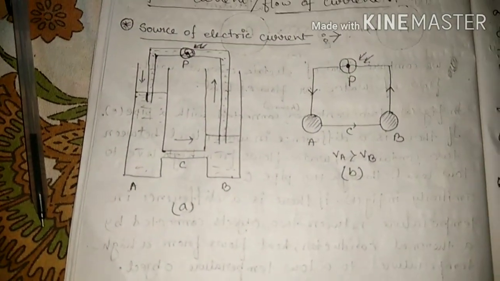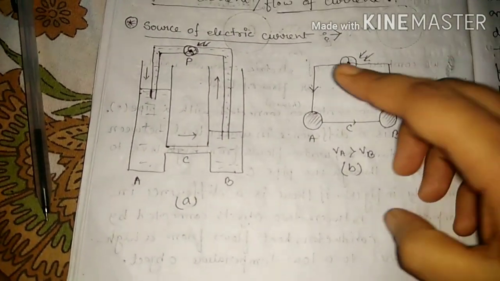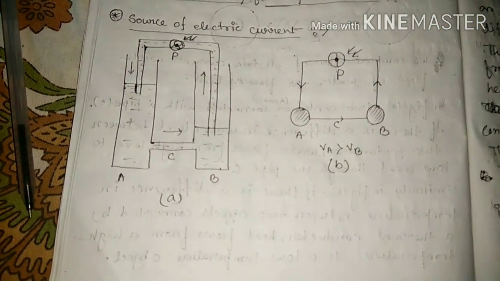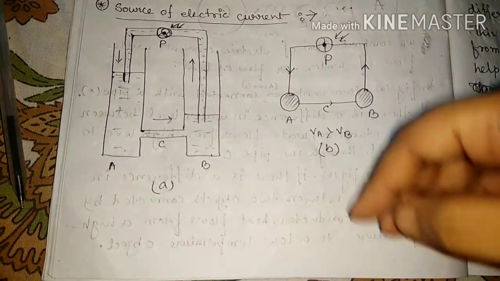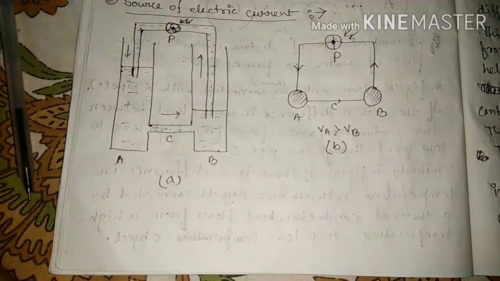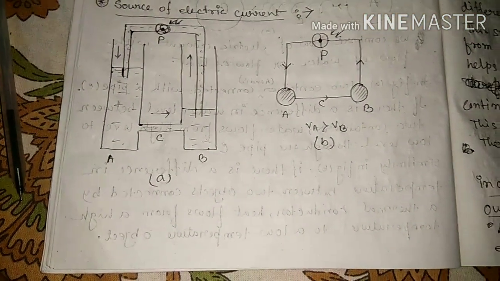Clear? So similarly, a pump-like arrangement is required to obtain a continuous steady flow of electricity in conductor C, while maintaining the potential difference between A and B.